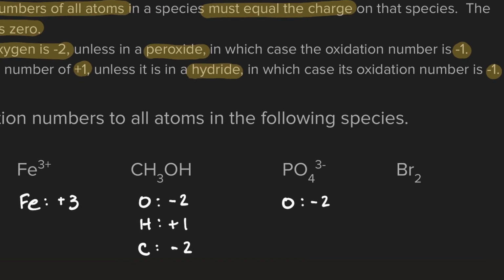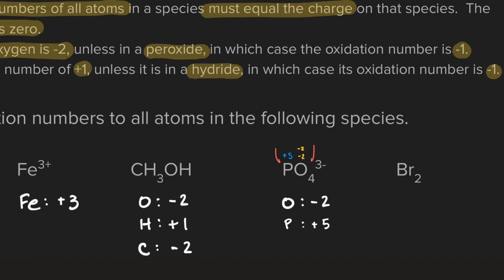So if I have 4 -2 oxygens, that is a total of -8. And I need the sum of all the oxidation numbers to equal -3, equal to the charge on the ion, which means phosphorus, therefore, must in this instance be in an oxidation state of +5. So my +5 and 4 -2s sum up to my -3 overall sum of the oxidation states.